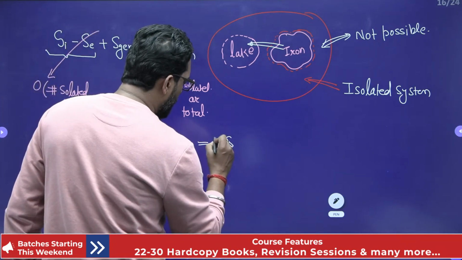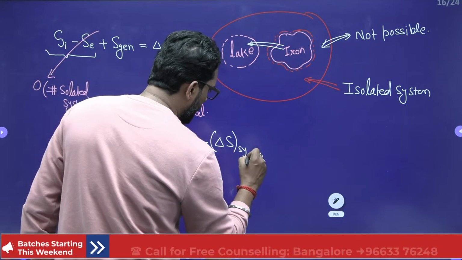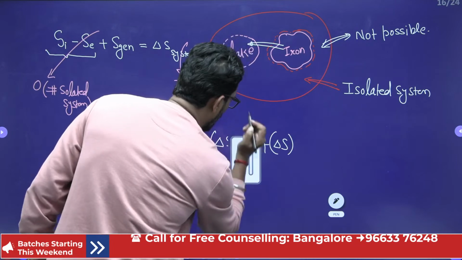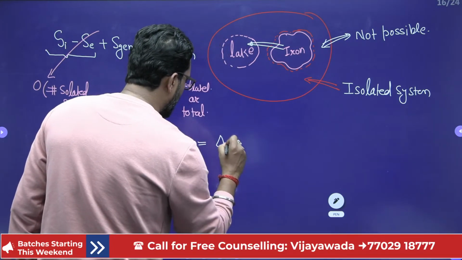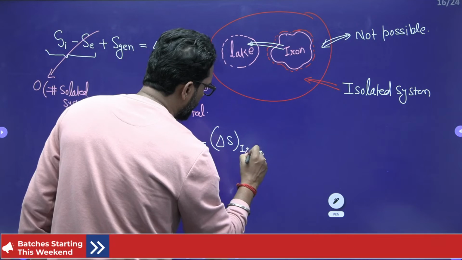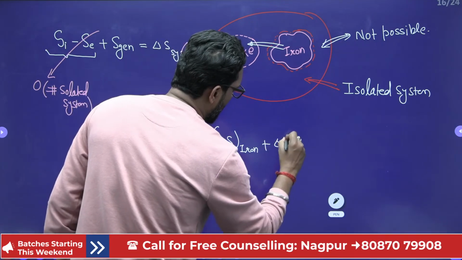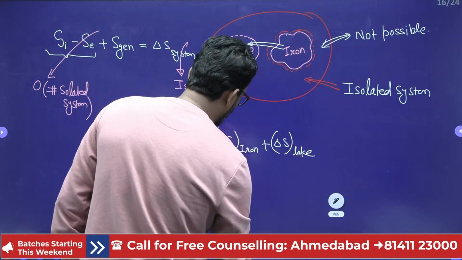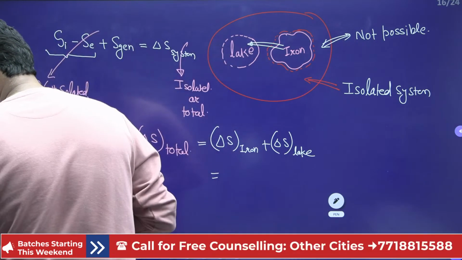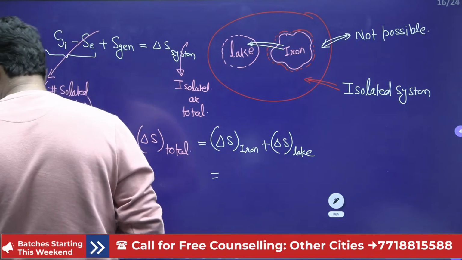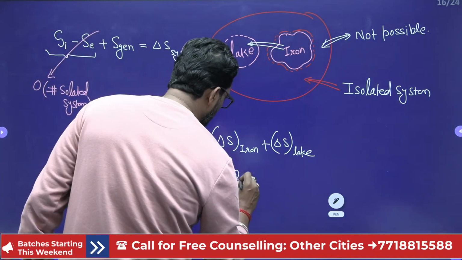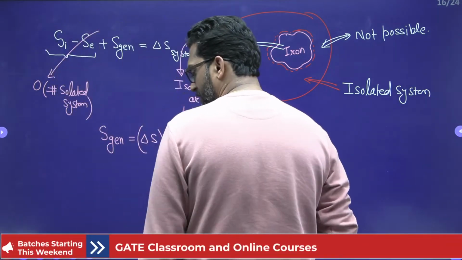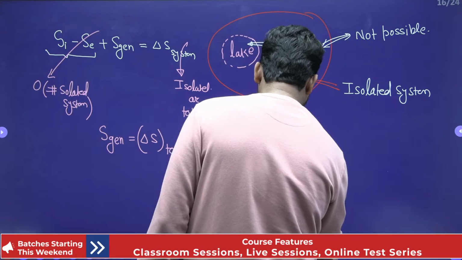What is the total entropy? The summation of entropy for the iron plus the lake: delta S of the iron plus delta S of the lake. Delta S of the iron is minus 12.65, plus delta S of the surrounding lake, 16.97.